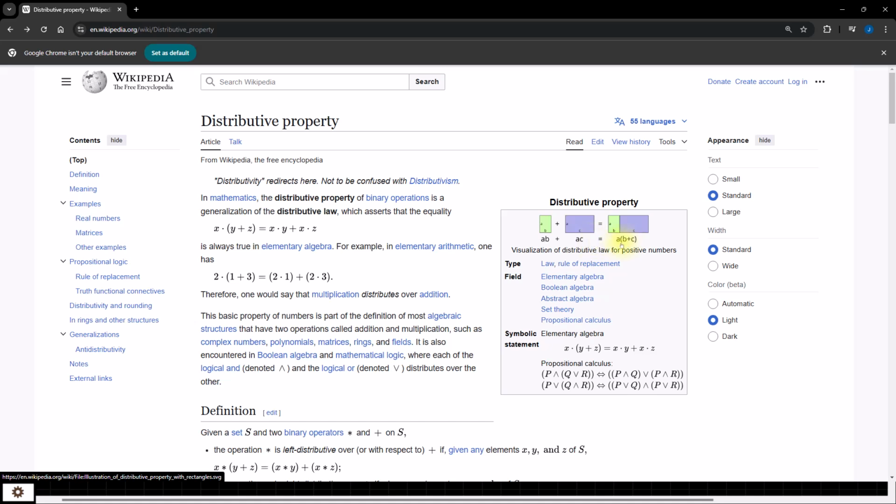But how can we represent that in maths? So we've got a vertical height of A, that is the common height between the two shapes, and we're adding the horizontal distance B and C, so we have B plus C. So A multiplied by B plus C in brackets.